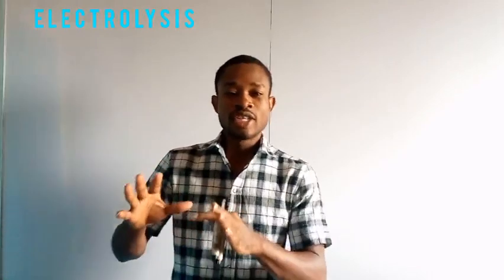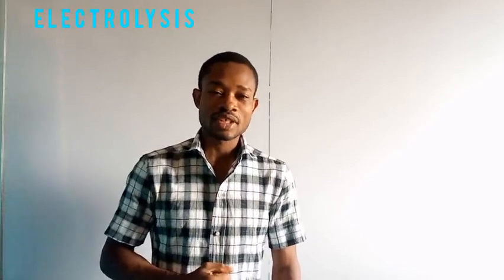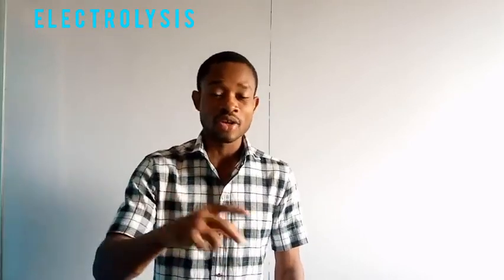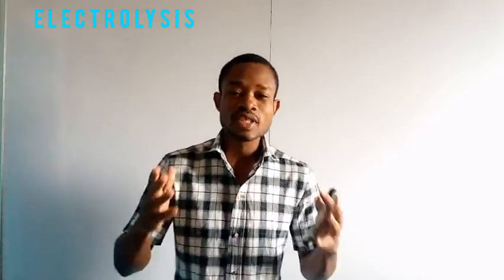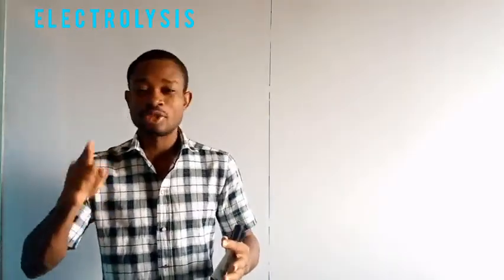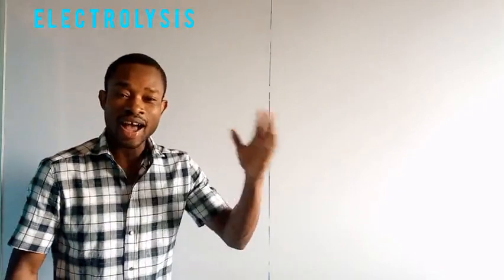Now we'll focus on the anode and the cathode as electrodes in electrolytic cells, since this lesson is based on electrolysis. When we are talking about electrolytic cell, we explained already that electrodes are terminals through which current can enter or leave a solution. We have the positive electrode in electrolytic cell, and it is called the anode.